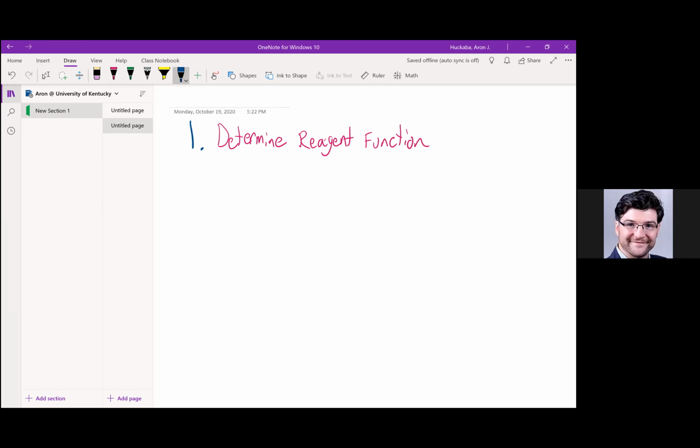Next, and this is the one that's not so easy, determine an expected mechanism. Once you think you've found what the reagent is, a strong base or a strong nucleophile, you can try to determine the expected mechanism.